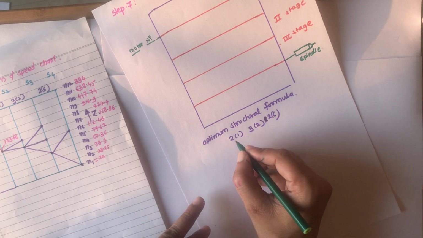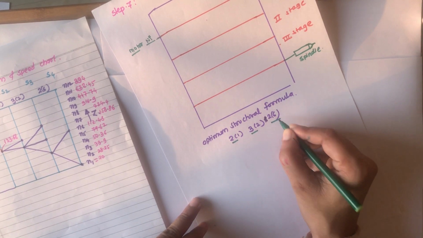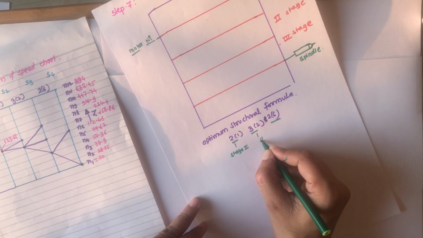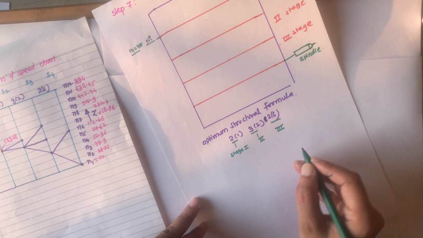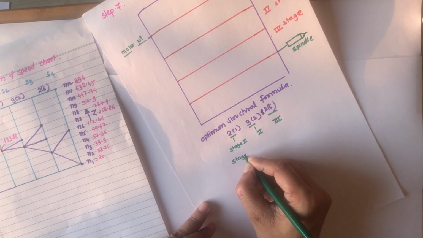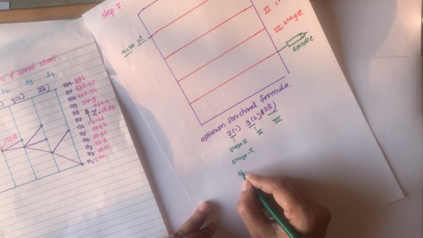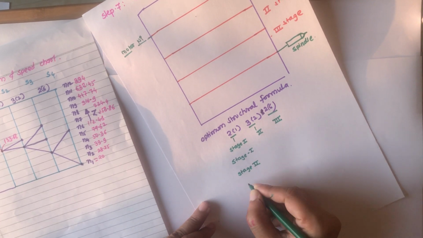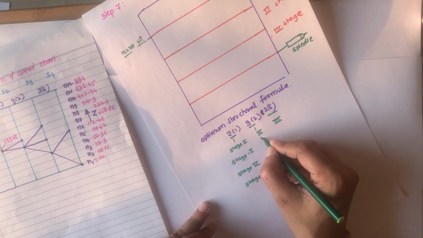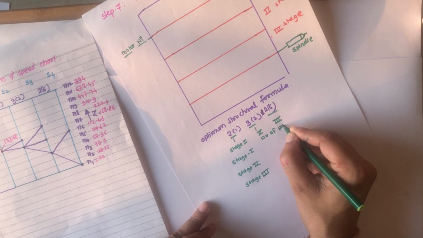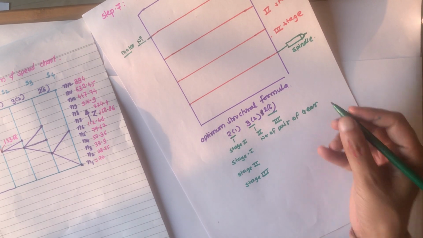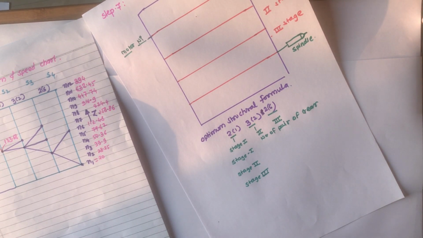Now this is your stage 1, stage 2 and stage 3, and the number of pairs of gears.